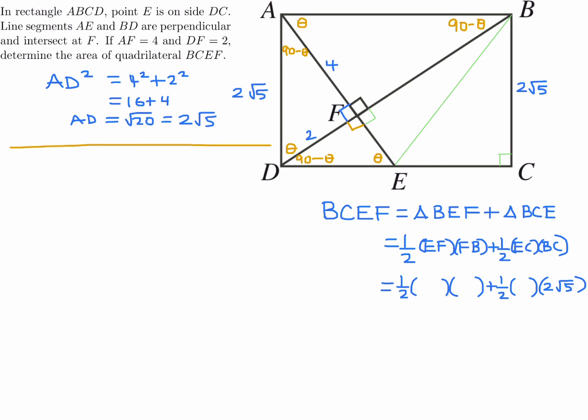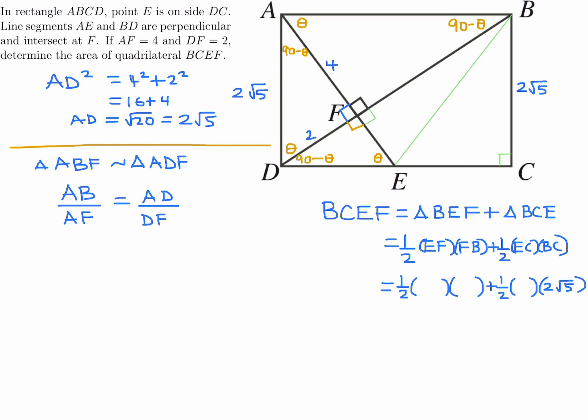So we can first talk about ABF, that triangle, being similar to triangle ADF. And in particular, the sides AB over AF are the same in this ADF to DF.